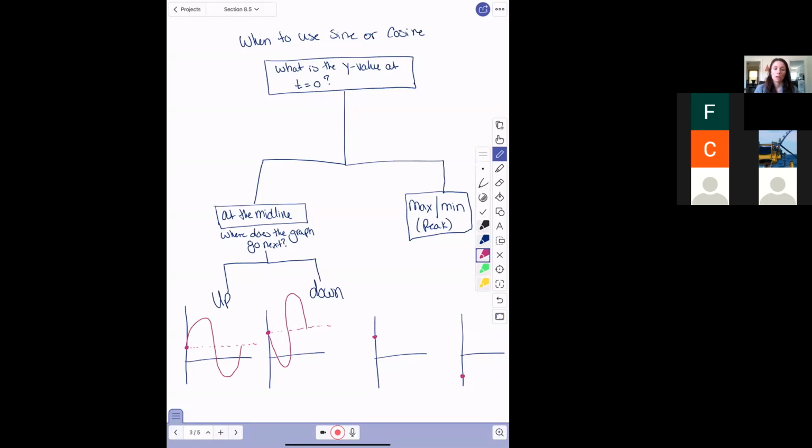And on this side, if it's at the maximum or a minimum, it will be either at the maximum or the minimum. It's a little redundant, but it gets the point across. So we're either looking at something like this or like this. Any questions so far?